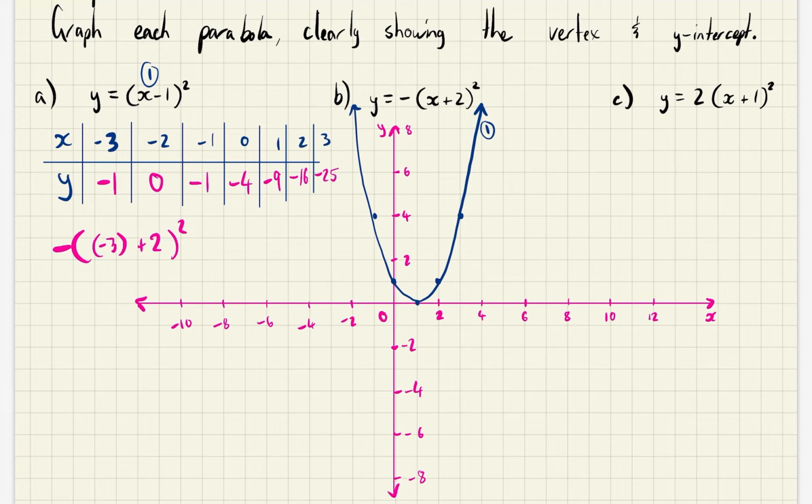Now I'll plot these points on the graph. When x is -3, y is -1, so that's our first point. -2 is 0. -1 is -1. 0 is -4. 1 is -9, and that's all I'll be able to fit.